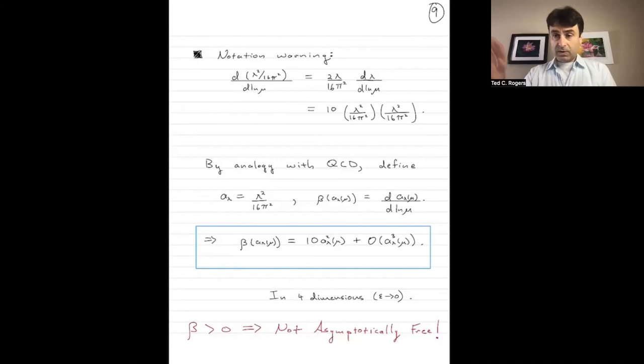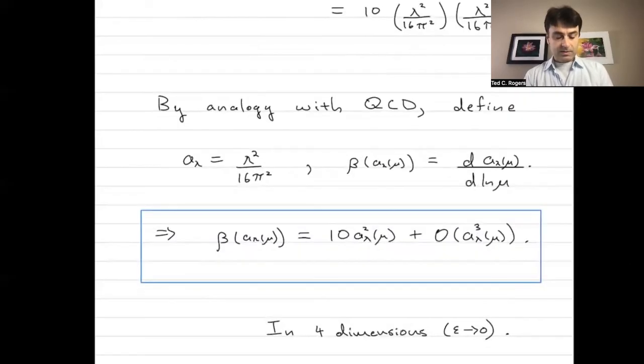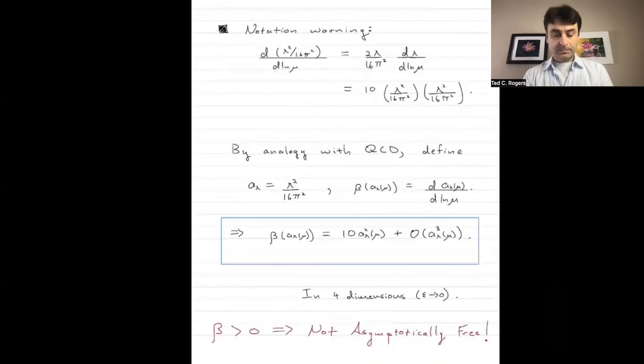And of course, if you start adding higher loops, you can get this beta function to as many orders as you like. Once you truncate that series expression for beta, you've got a differential equation that you can solve for a sub lambda as a function of mu, the renormalization scale.